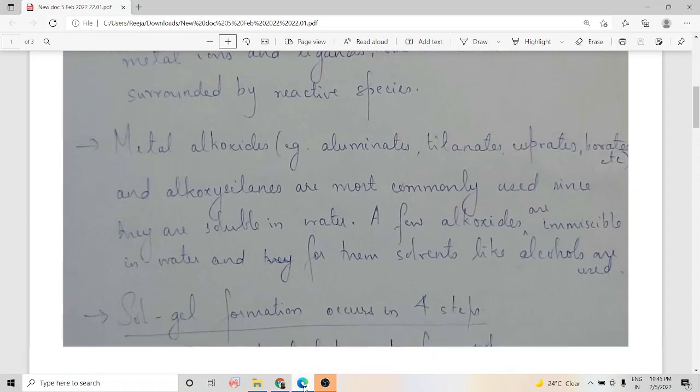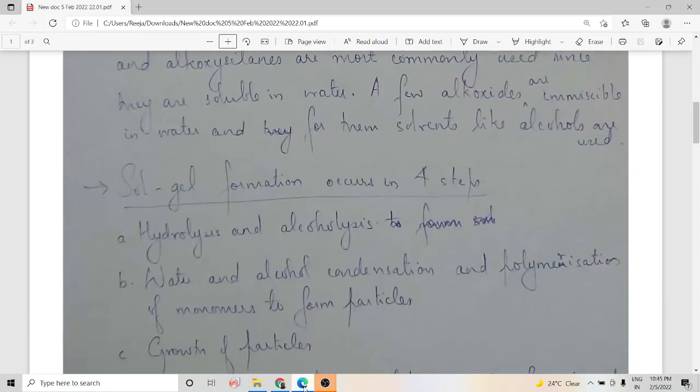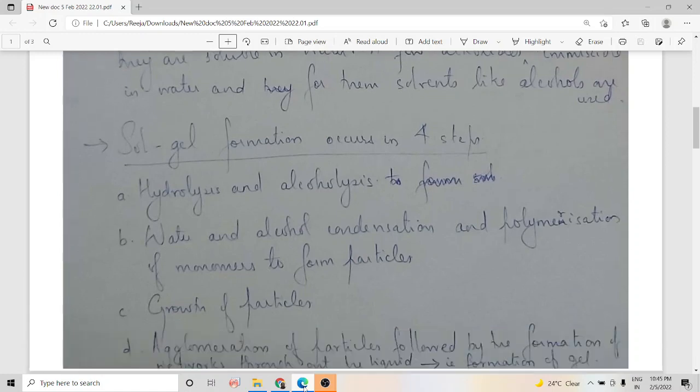Now we are going to discuss the four important steps in the sol gel synthesis technique. First is hydrolysis and alcoholysis, that is, you dissolve it in water or alcohol. Next, water and alcohol condensation and polymerization of monomers to form particles.